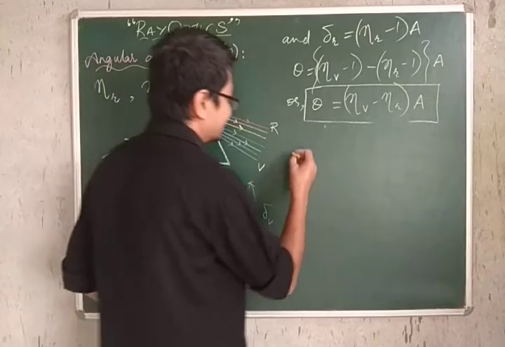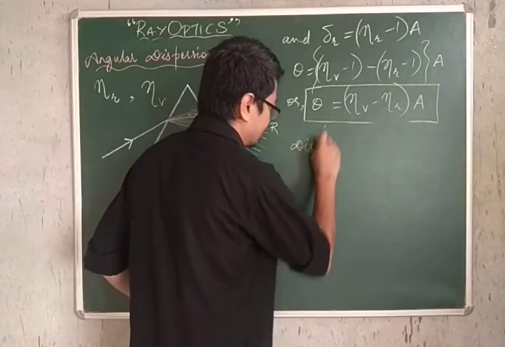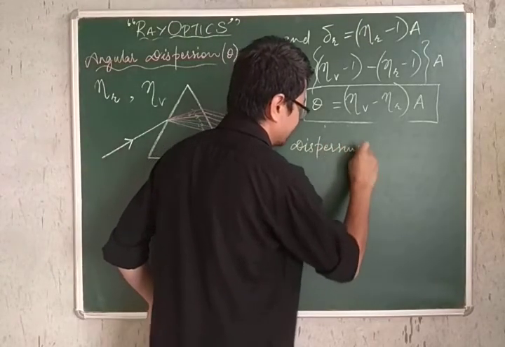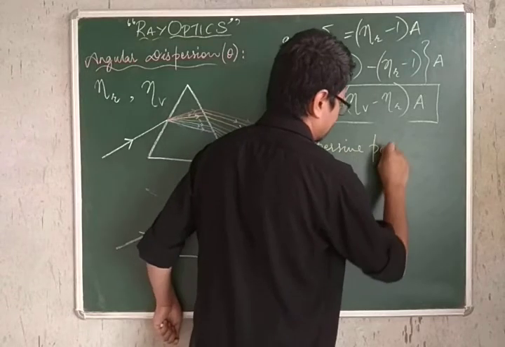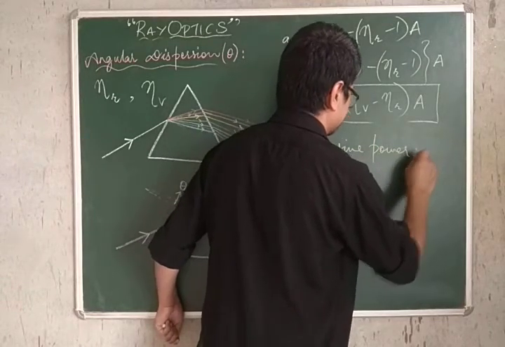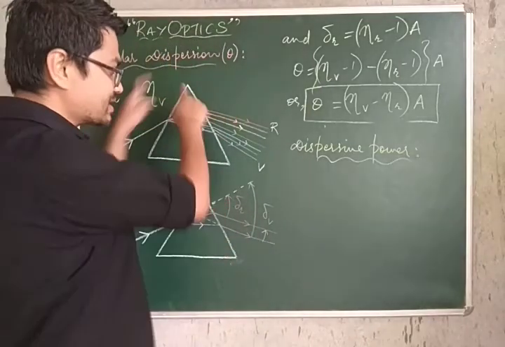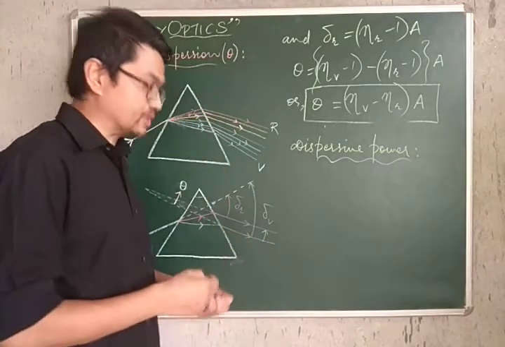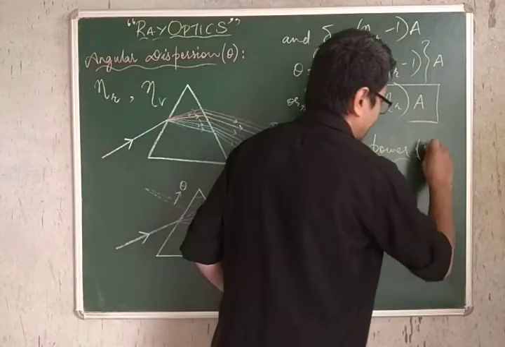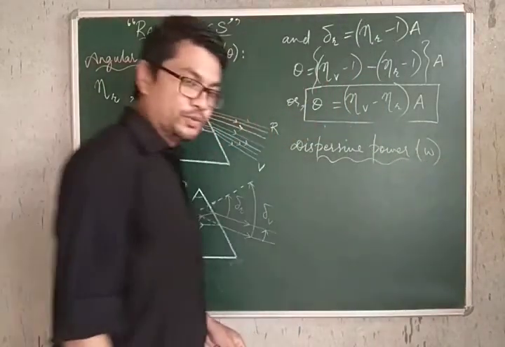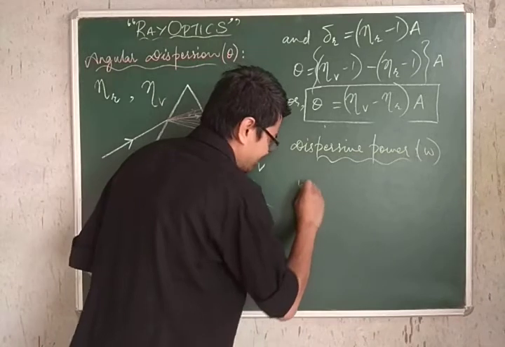Something called dispersive power of the prism. Dispersive power of what? Dispersive power of the prism. It is denoted by omega. Now what is dispersive power?